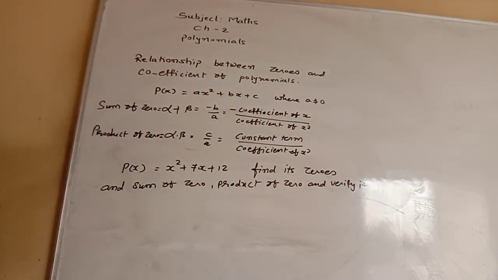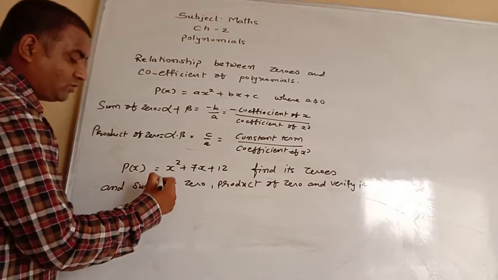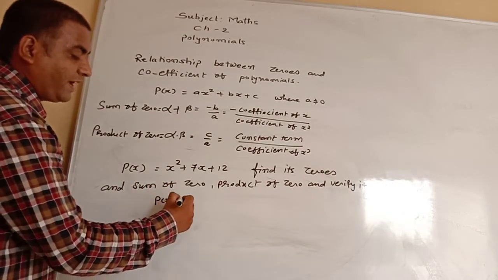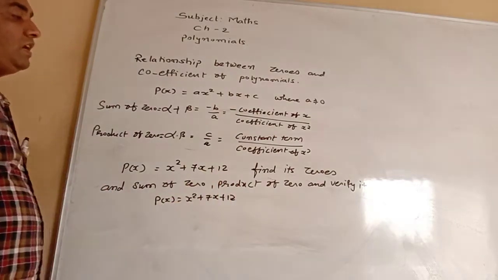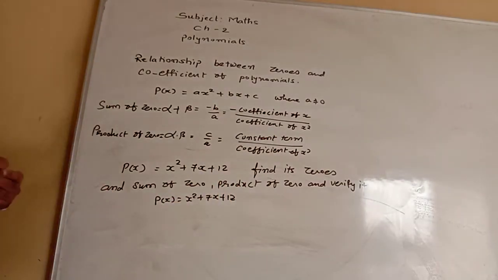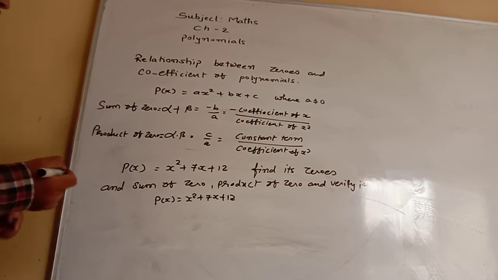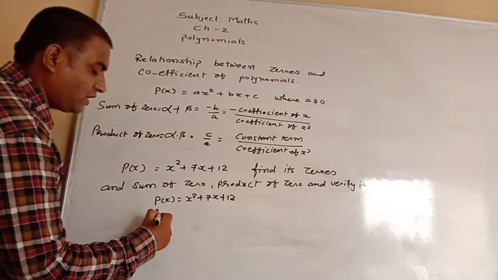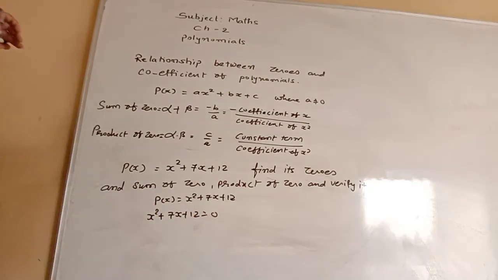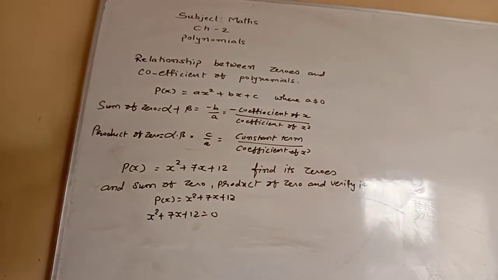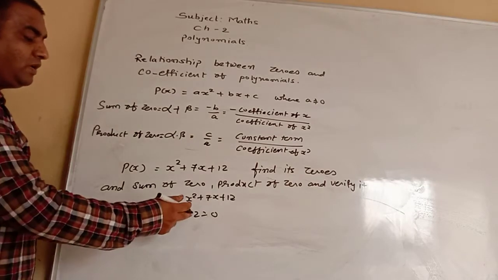So now we are given p(x) equals x square plus 7x plus 12. Here it says find its zeros. To find the zeros we take x square plus 7x plus 12 equals 0. This is a quadratic polynomial, so to find its zeros we factorize by the splitting method.